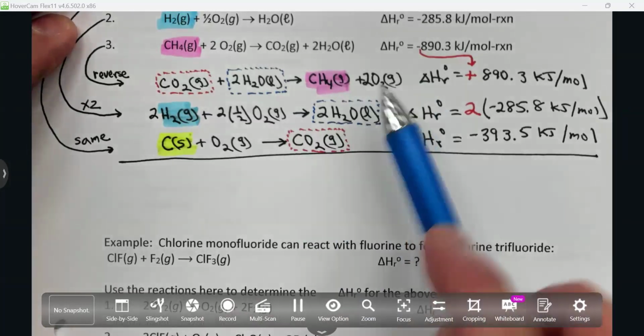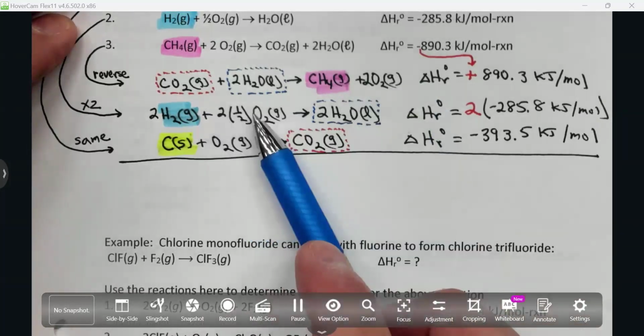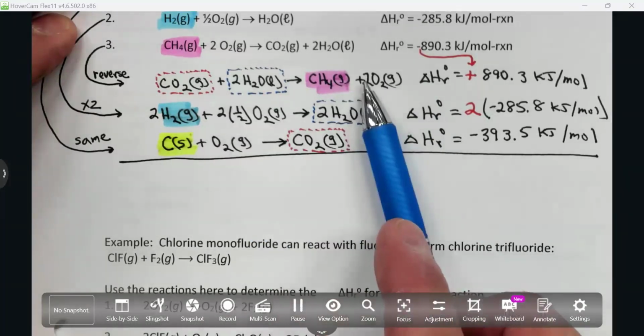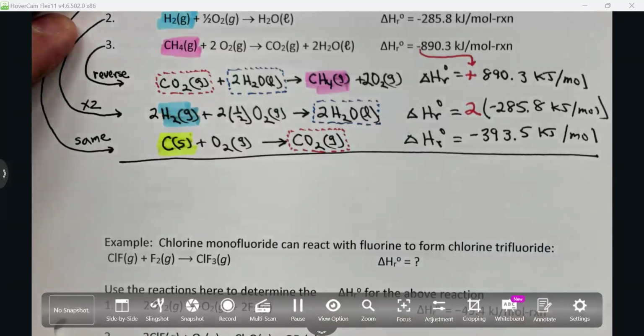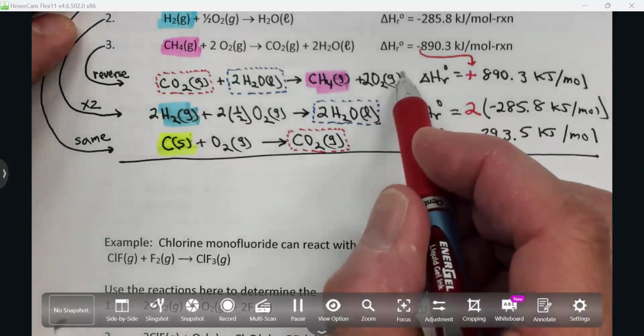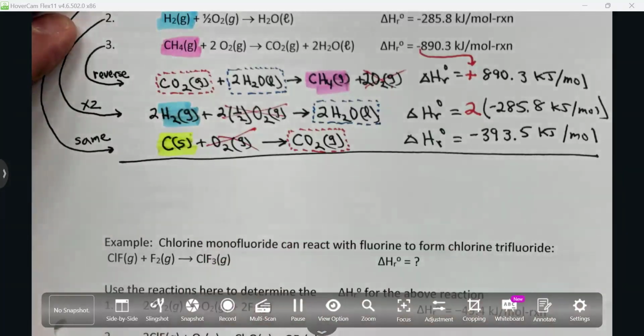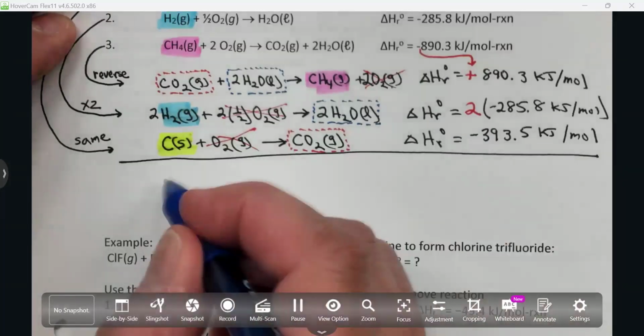Two O2 here, one O2 and one O2. So both of those are going to go, right? This is one O2 plus one O2, which is two O2. So we've got it. And we have exactly what we need.